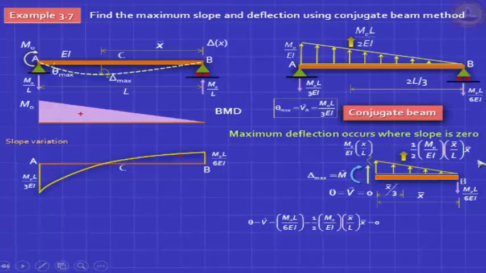You do that, the area of the triangle is half this ordinate into X bar, and you have to do it a little carefully, because how do you get this ordinate? You get it from similar triangles, because when you draw a triangle at X, let's take X measured from the right hand, when X is equal to L, this is the ordinate. So at some intermediate point X bar, by similar triangles, you will say X bar by L times this ordinate. That is the intensity of the loading here.